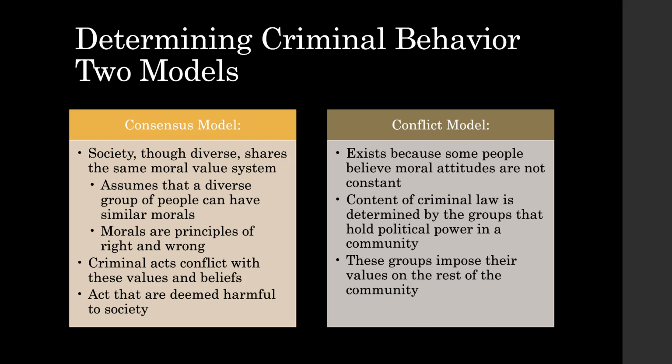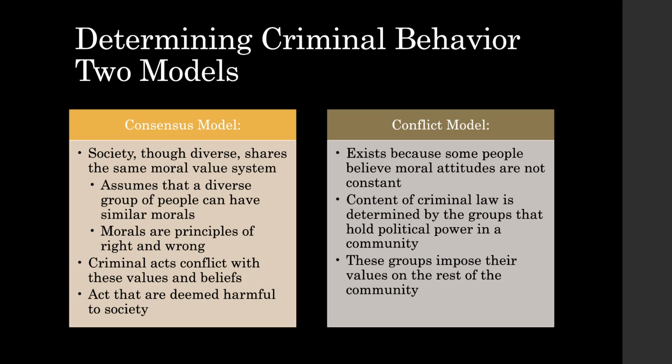And we understand what is right and wrong. And criminal acts violate those beliefs. And those acts are deemed harmful to society. And by almost a democratic consensus, we make something illegal. Most people think that child pornography is immoral. Most people think it is wrong.